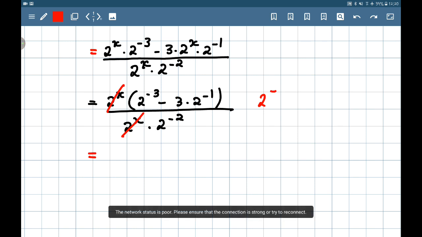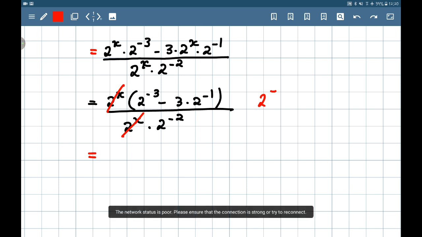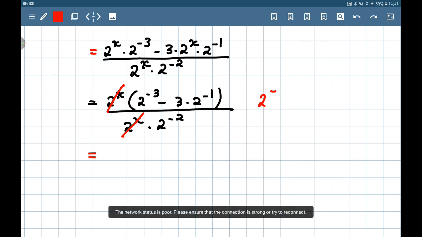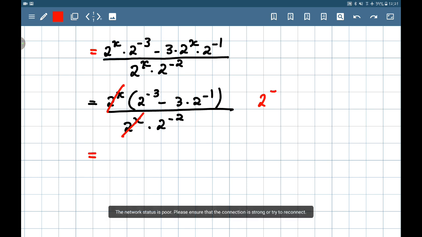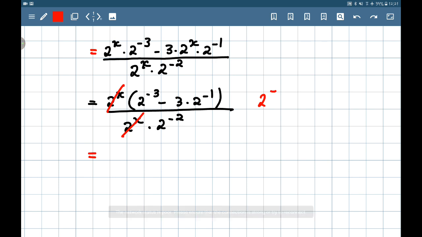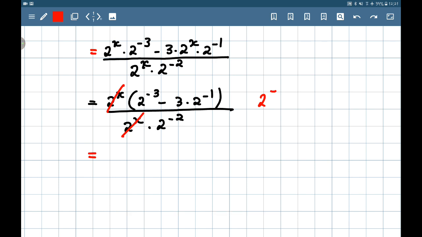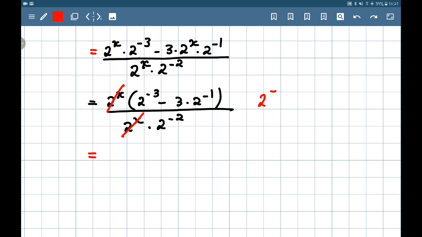Let me try it again. We're not getting the same answer. Let me try something. Even if I insert brackets, it's still giving us negative 11 over 2.